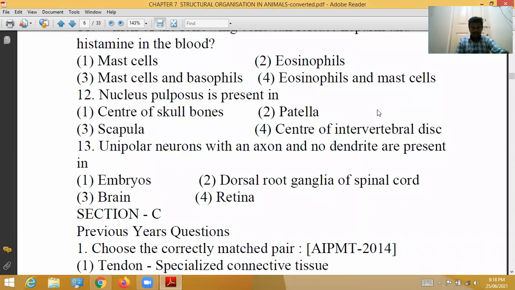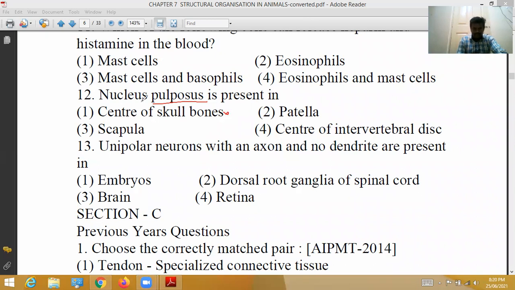Next, 12th question. Nucleus pulposus is present in. See, the center of skull bones?